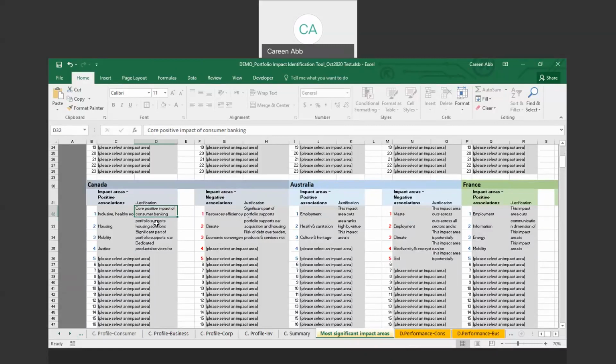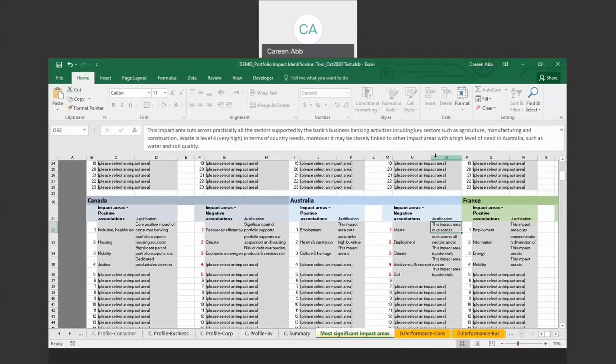There are other examples. If we go into business banking, we can see, for instance, waste coming up in this particular example as a most significant impact area, and an explanation here indicating that practically all the sectors supported by the bank's business banking activities, including key sectors such as agriculture, manufacturing and construction, are affected or associated with this impact area.